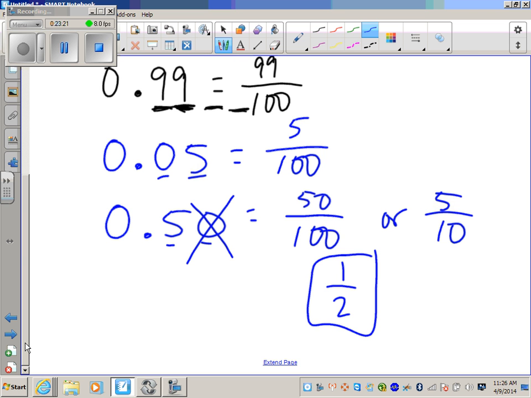Any questions on decimals to fractions? Yes? On the bottom, you're always going to have a 1 with, depending on how many places, how many zeros you go, because they're all powers of 10.